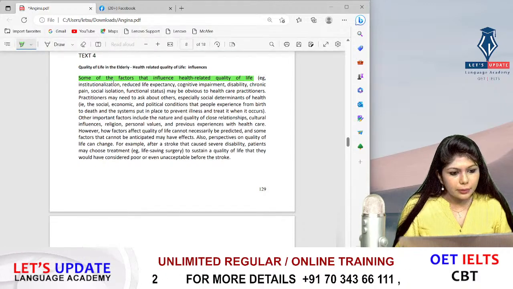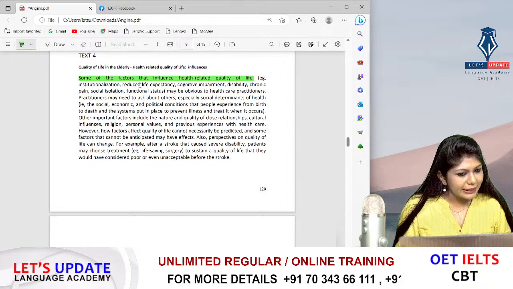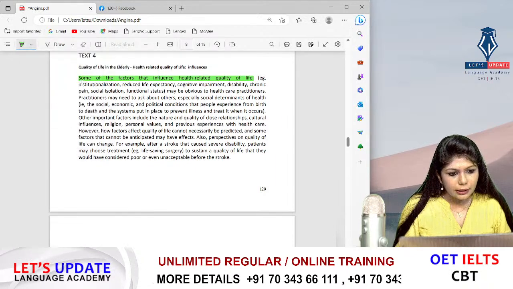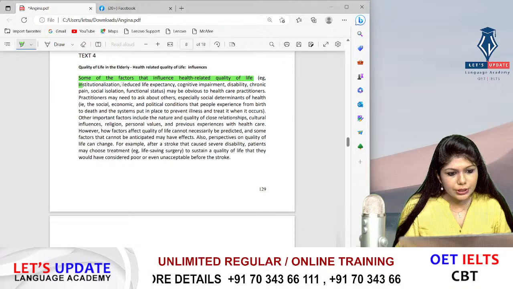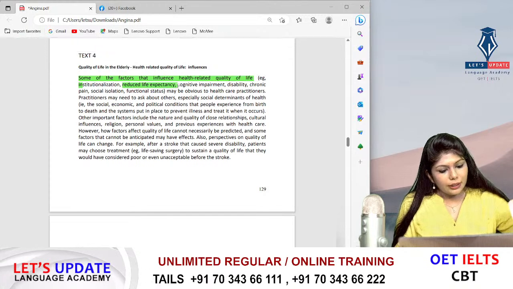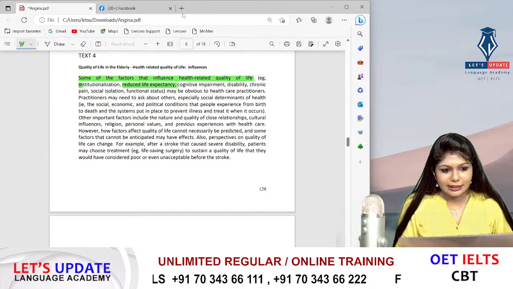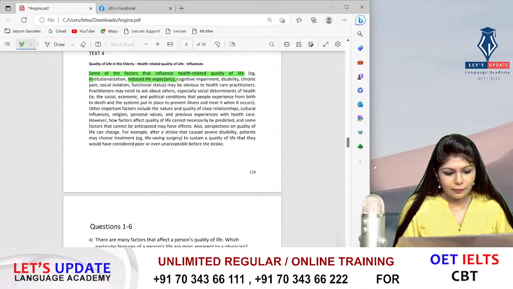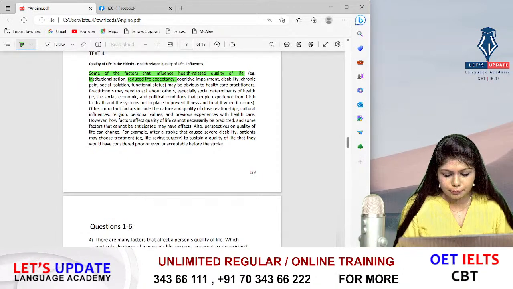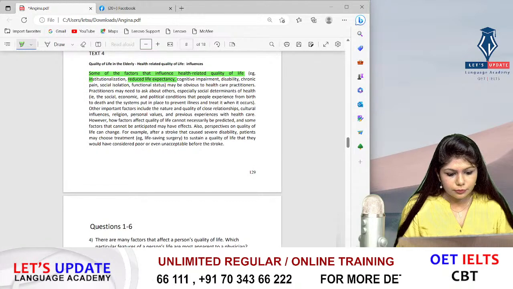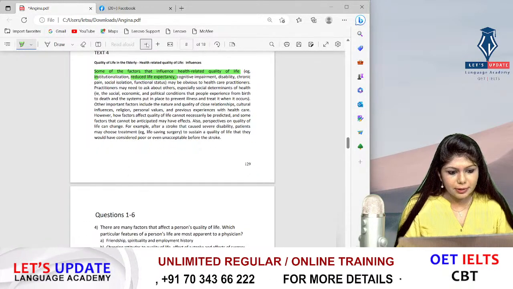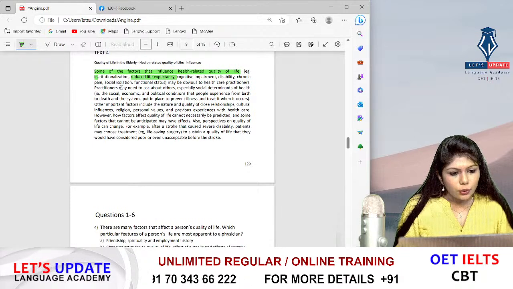Are, for example, yeah, reduced life expectancy. I'll just highlight this portion. Reduced life expectancy. Look at the options and see whether this matches the option. Yeah, so look at this.